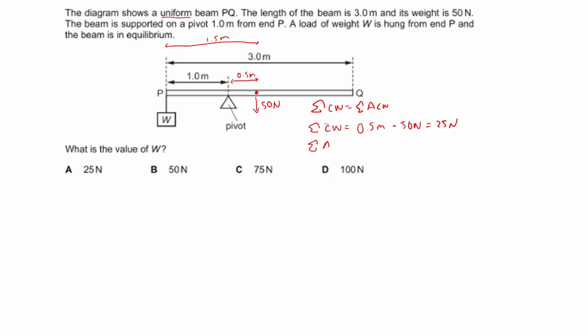The sum of anti-clockwise moments is equal to W newtons times 1.0 meters, which is equal to W newton meters. So then it turns out W is equal to 25 newtons. Yeah.